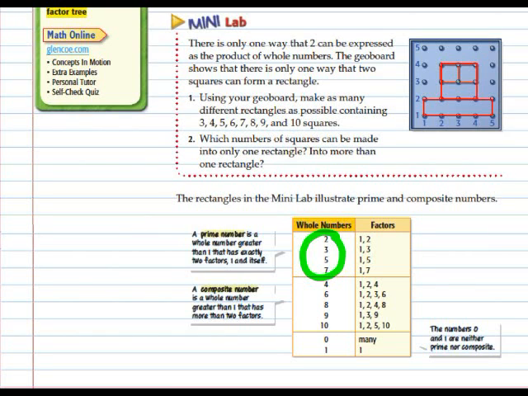And if we go down here and just pick a couple examples, we already did 4. 4 can be 1 by 4 or 2 by 2. 6 can be 1 by 6 or a 2 by 3. 8 can be 1 by 8 or a 2 by 4, and so on. 9 can be 1 by 9 and 3 by 3, meaning that those are composite numbers because they have more than 2 factors.